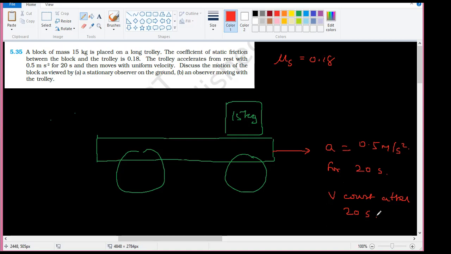So let's see. I know that if the car is starting very quickly, accelerating, I will get pushed backwards, which means there is a pseudo acceleration. So if the trolley is going at 0.5, this will also be 0.5.